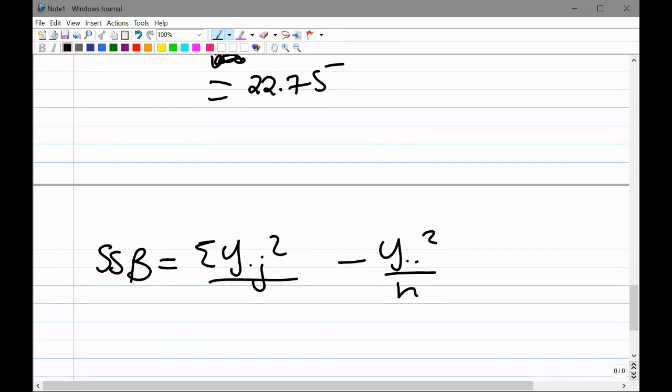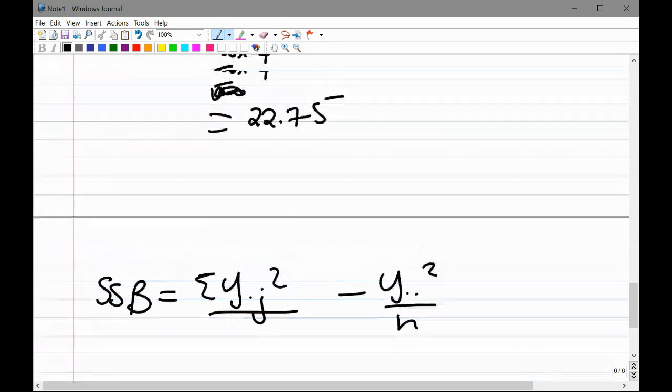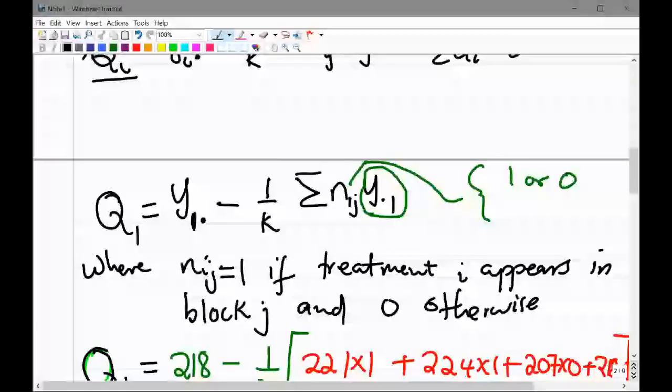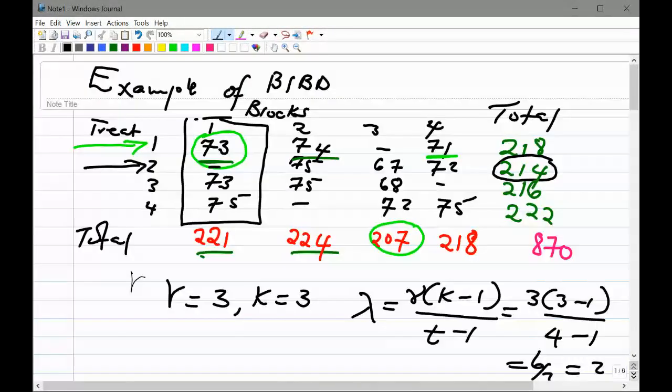What is the answer for the blocks? Oh, you want the data set? Please find the answer for the blocks, because the summary is there, guys. Let me go back to the summary.